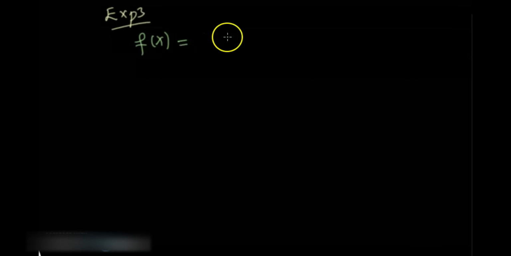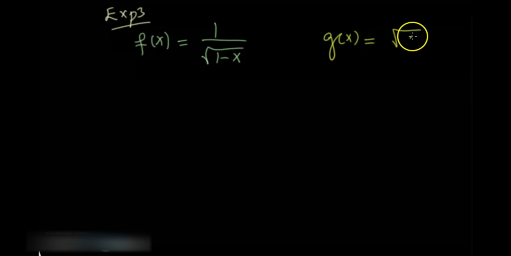Let's say I have got example number 3, where we consider f of x to be 1 over 1 minus x, and let's take another function g of x, which is just square root x. So now how do we find the domain of this function?